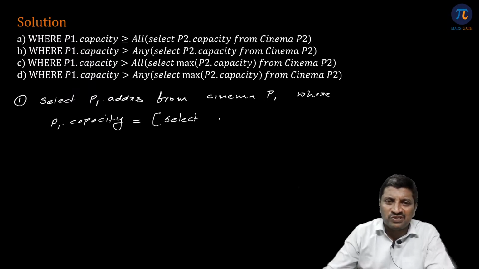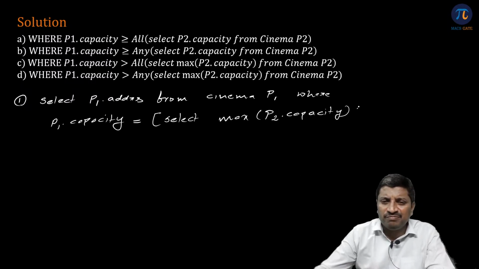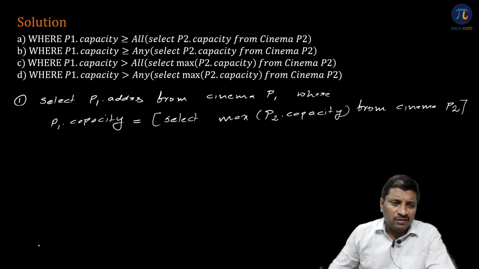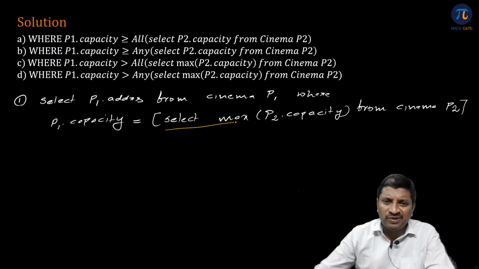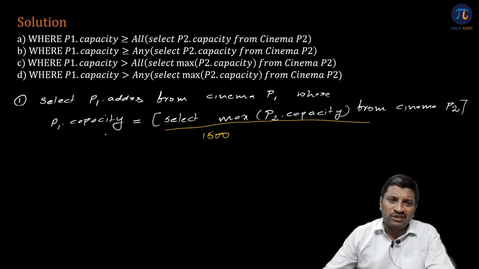How to get max capacity? Select max of, let us suppose the second table name I give again is P2. The same table, but we give different names. Max of P2 capacity from cinema P2. Then here I will get some maximum number. Suppose the maximum number is 1500. Then if the capacity is equal to 1500, it will be displayed.